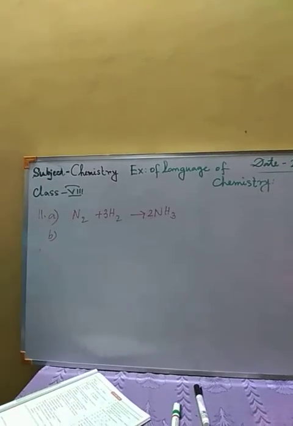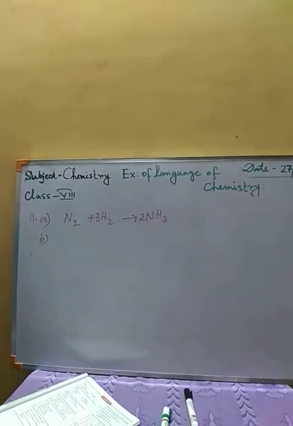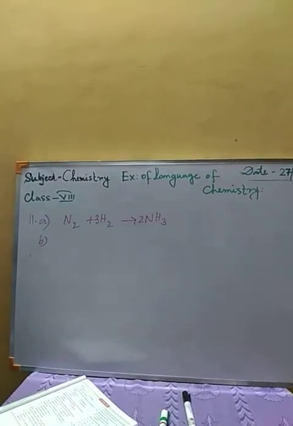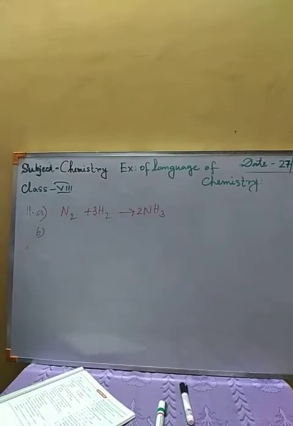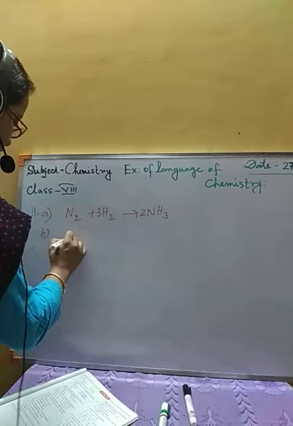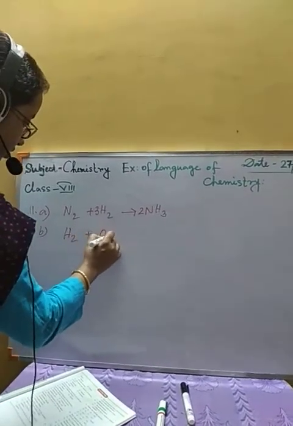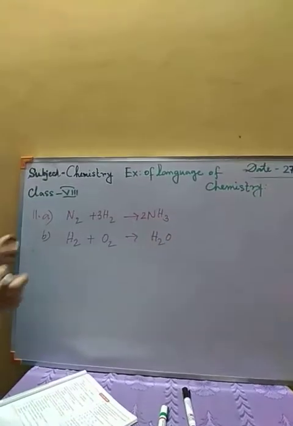Next, number B. And this balancing, as much as you practice, it will be easier for you to understand how we will balance it. Next, hydrogen plus oxygen, we are getting water, H2O.